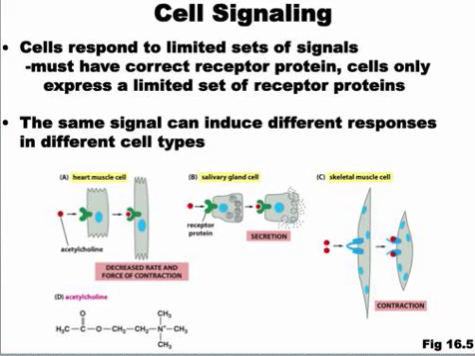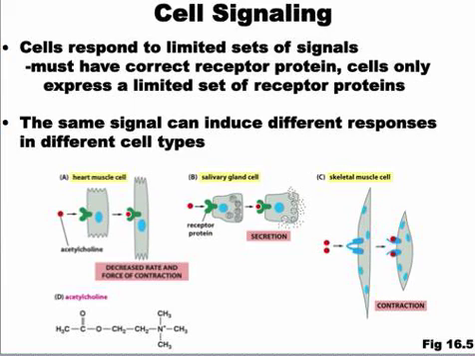Now, if a cell is to respond to any signal, it has to have the correct receptor protein in which to do so. Each receptor protein is usually activated by only one signal molecule. So even though a cell may be exposed to 100 signals, if it doesn't have the correct receptor for any of those signals, it cannot respond to any of them.